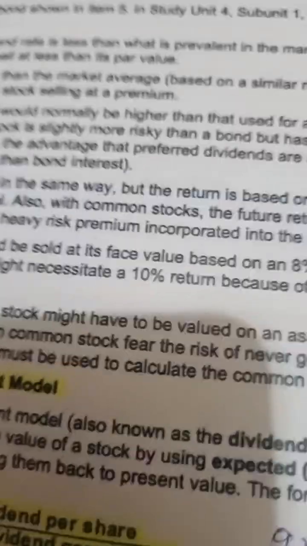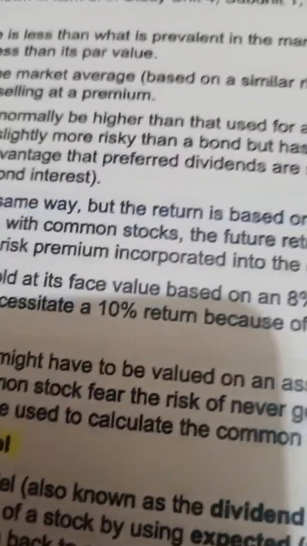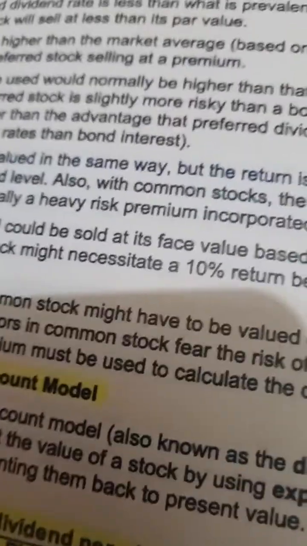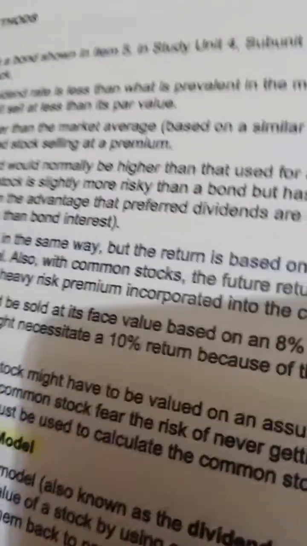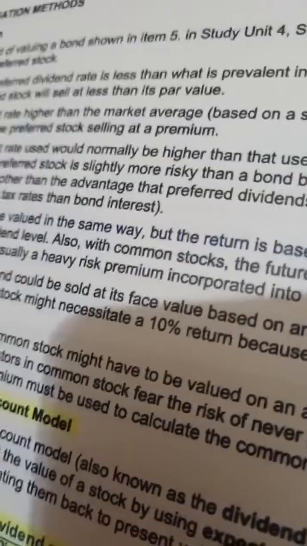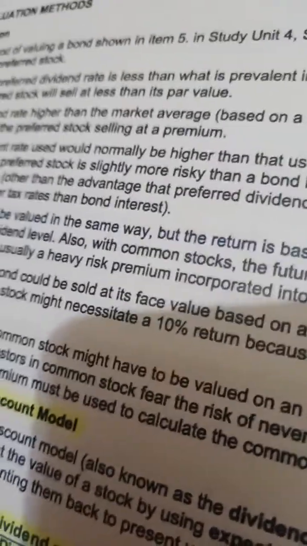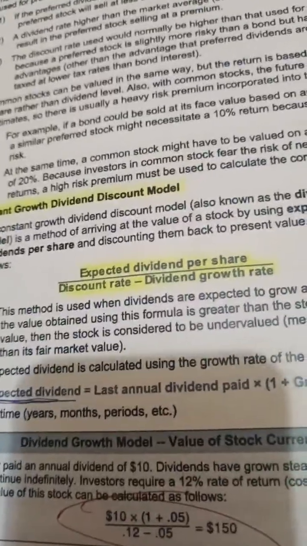First we need to calculate the market price. In market price calculations, the valuation formula is the dividend growth model. This dividend growth model is the expected dividend per share divided by the discount rate minus the dividend growth rate. Exactly, this is the formula. We need to remember this formula.